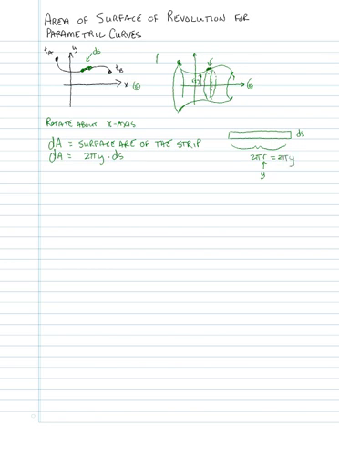That's where all of this came from: all we're doing is multiplying the circumference, which becomes the length, by this width, and that's the area of that strip.